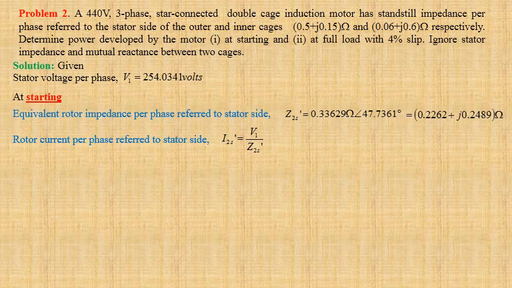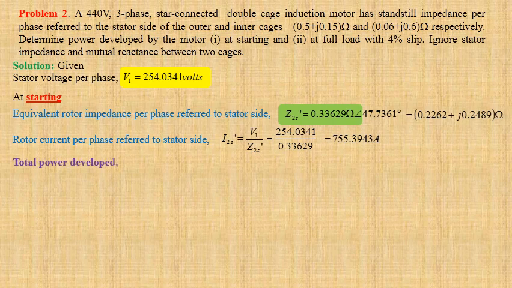Using values we get 254.0341 divided by 0.33629. That gives us 755.3943 ampere. Let us now calculate total power developed. PDS equals 3 times I2S' square into R2'.